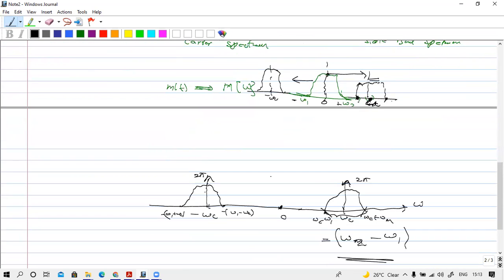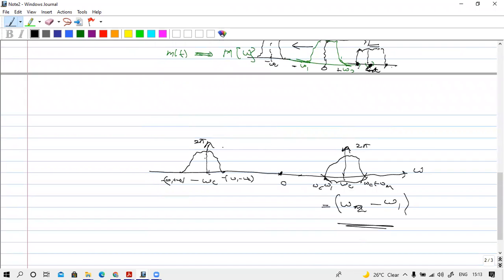So you have to understand this. Here we get two carrier peaks, and also we get two sideband spectrums. Here the sideband is a spectrum, two separate spectrums there, and two peaks.